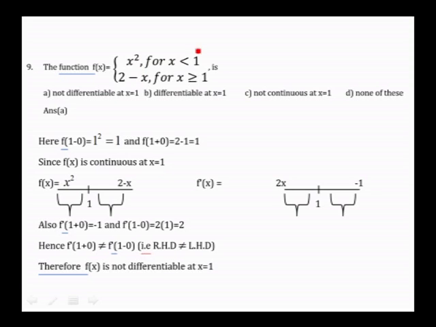At x equals 1, the left hand limit is 1 square, that is 1. f of 1 minus 0 is 1 square, that is 1. And f of 1 plus 0 is 2 minus 1, that's also 1. So since LHL is equal to RHL, the function is definitely continuous at x equals 1.